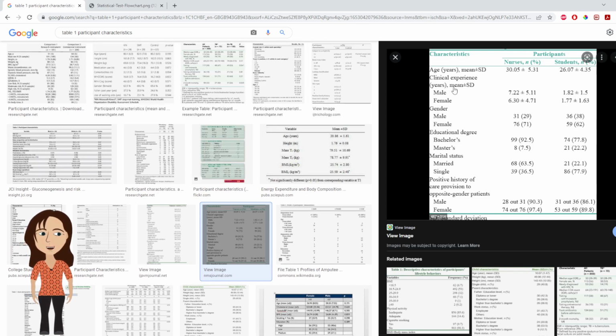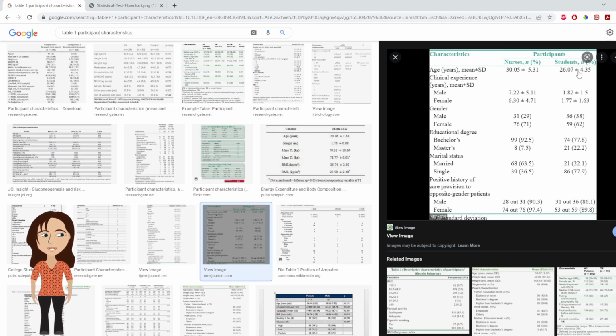And here you can see there's a lot of differences in what's going on. So this one here, I don't know what this study is. I've just turned it up on the Google search. Our participants are nurses and students. Now that already tells me we're going to have a difference between these two groups, because clearly the nurses are going to be qualified, which means they're likely to be older, and students are still studying, so they'll probably be younger.